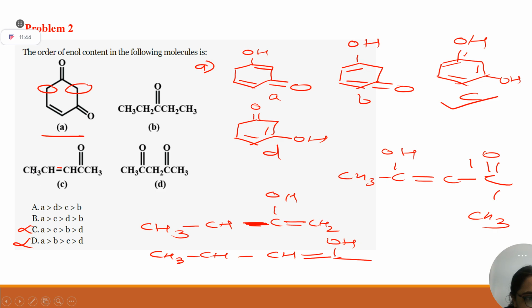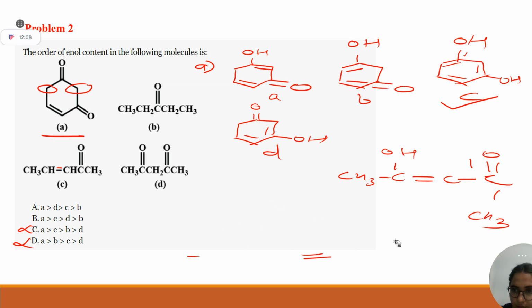One from this side, two from this side, and a 5 carbon chain should be there, and we have written a 4 carbon chain. Okay, my bad, sorry. I think this is correct now. Is D correct or not? Yes, D is correct.